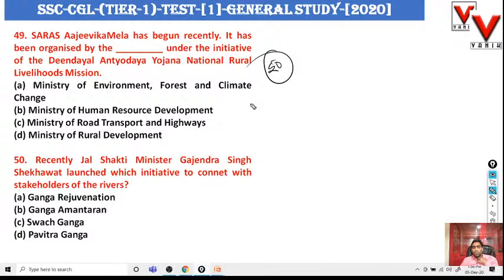That means it is going to connect representatives of all the states through which the Ganga passes. So the name of the initiative is Ganga Amantran.